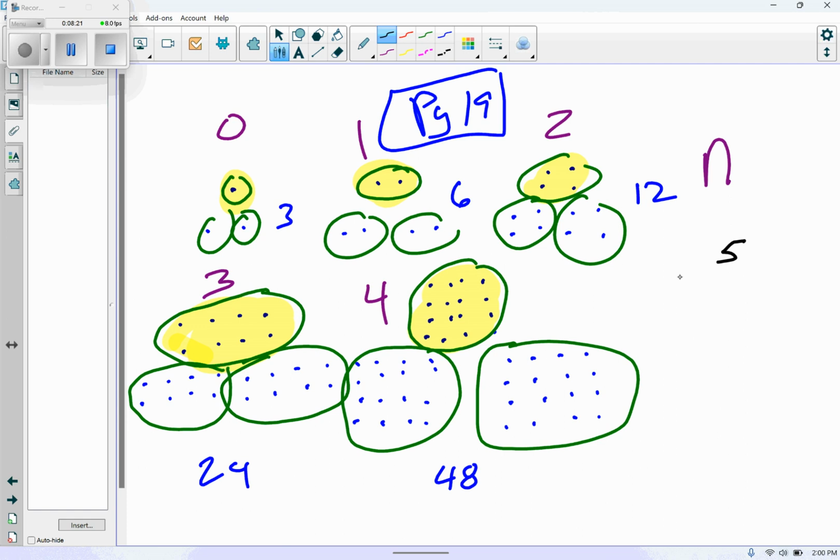Or wait, no. If I double, that's 96. Twenty-four, 25, 26, 27, 28, 29, 30, 31, 32. That pattern's not working. It's the right number of dots.